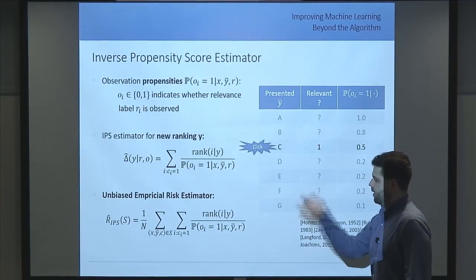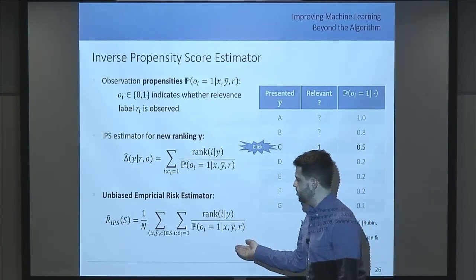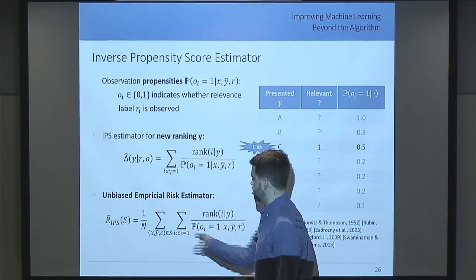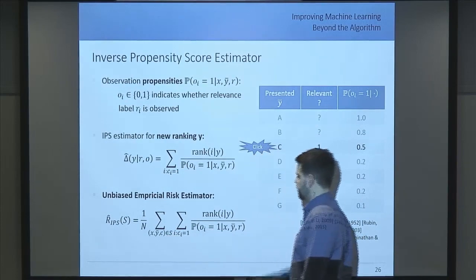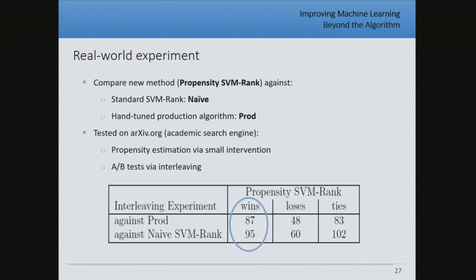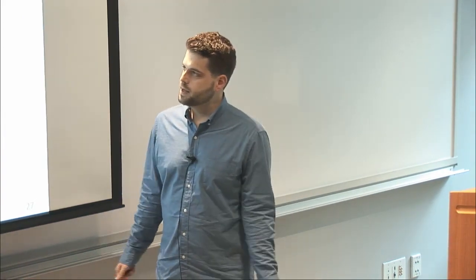And then to get the unbiased risk estimate for the entire data set, for the entire ranker, you would just average over all queries in your log. We coded this up as an SVM rank. This is a propensity-weighted SVM rank, which optimizes the loss you saw on the previous slide. We compared it against a standard SVM rank, which didn't use any weights, and a hand-tuned production algorithm that was in place.